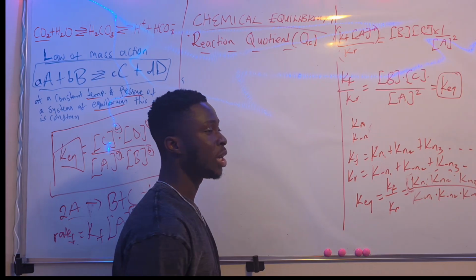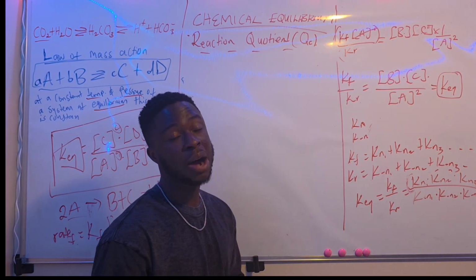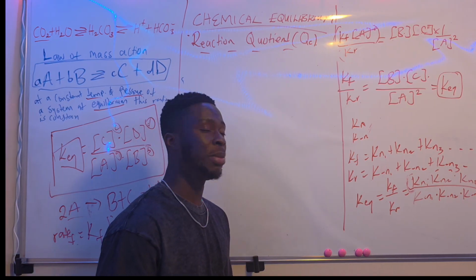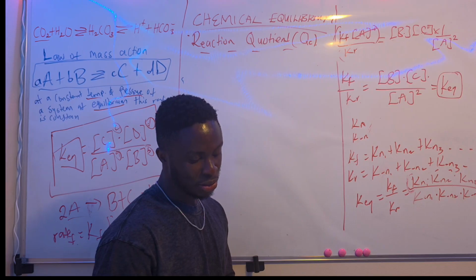Now, since equilibrium tells us the midpoint, reaction quotient tells us how far we are away from the midpoint, or how far until we get to the midpoint, right?